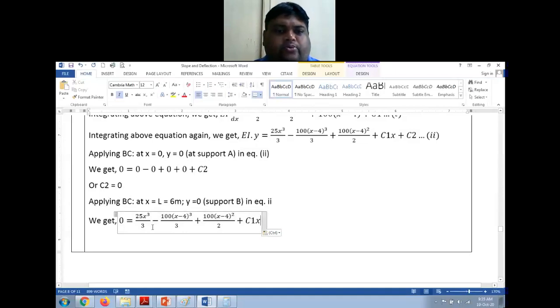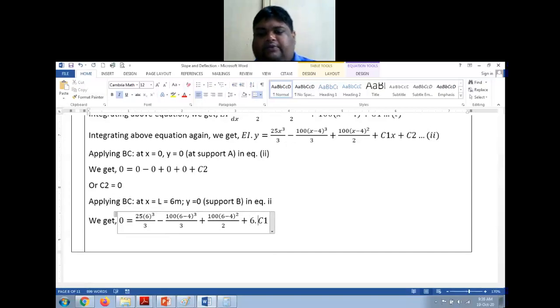Now I just have to put x as 6 meter. So this is 6 cube. This will be 6 minus 4, it is positive. This will also be 6 minus 4, that is also positive. And this will become 6 C1, right?